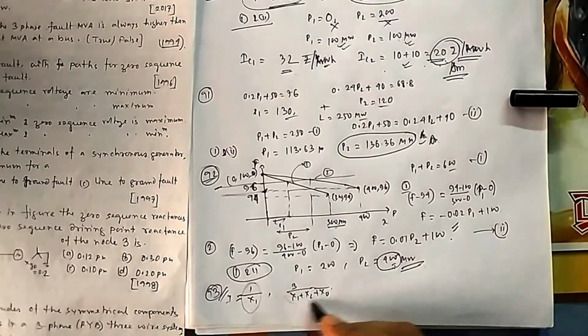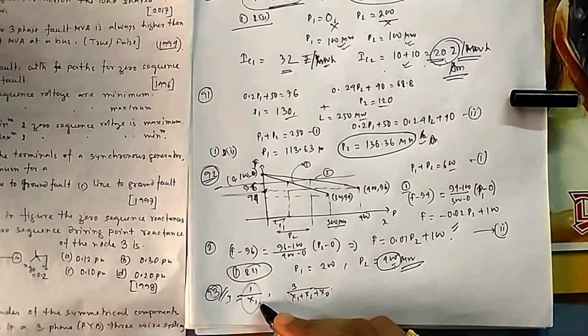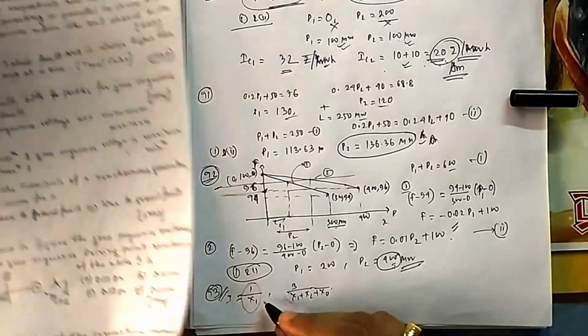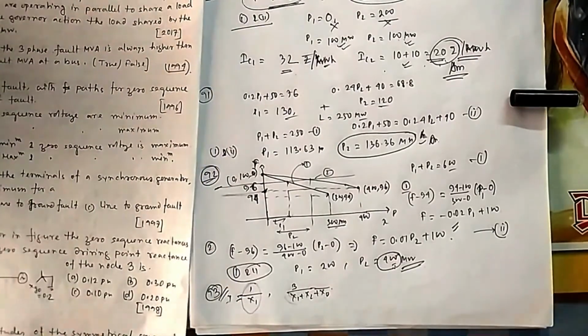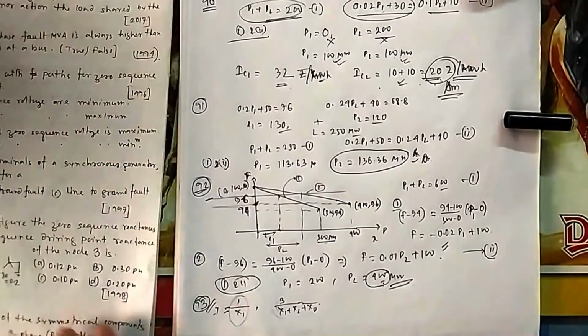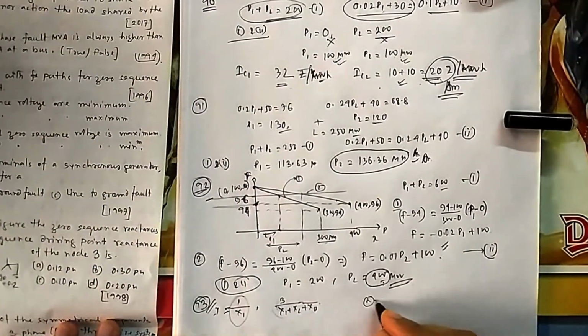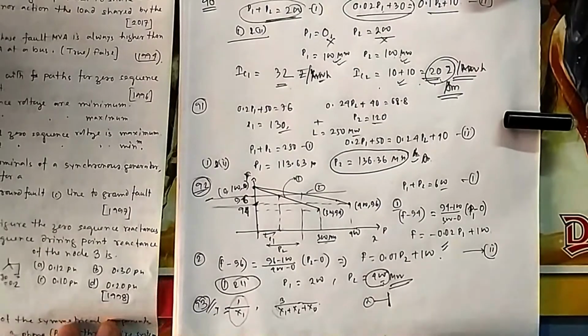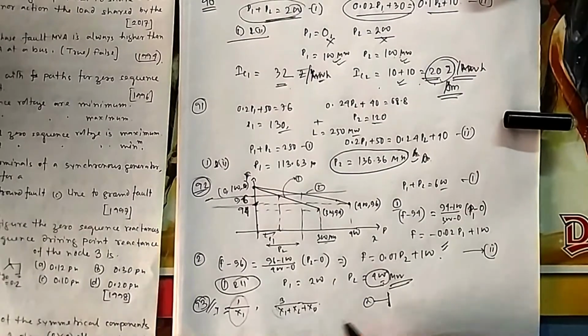Now you can see here the reactance is more, so the current will be less, so your 3-phase fault MVA will be higher. You can think in this way, generally it happens also, but it is not true always. Suppose your bus is very close to a synchronous generator. If it is very close to a synchronous generator or generator bus, then your x0 becomes 0, because in case of generators your x0 becomes very less or negligible.